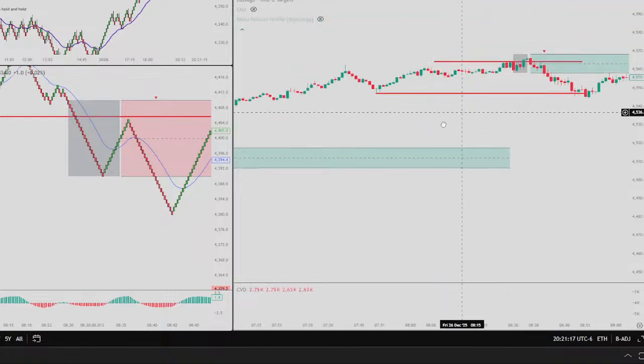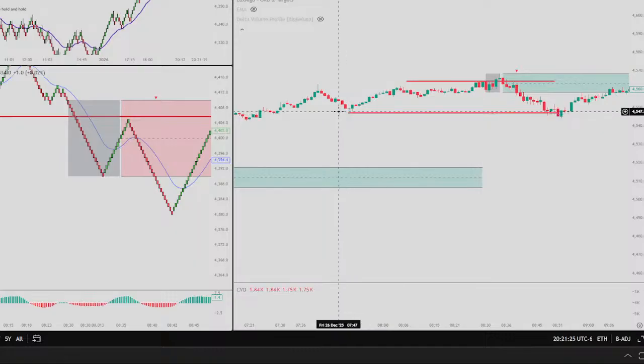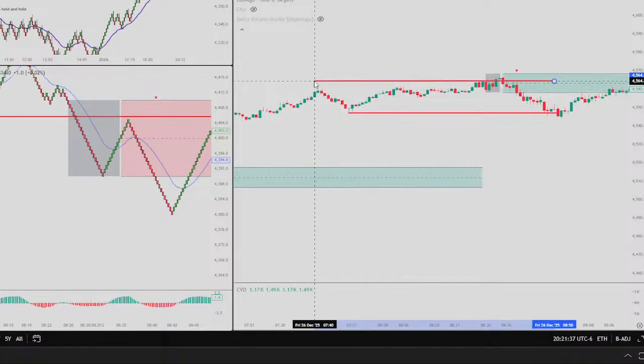All right, so here, let's just look at this last one, because this is right around Christmas. We have our pre-market high and our pre-market low. Okay, so what are you seeing here?